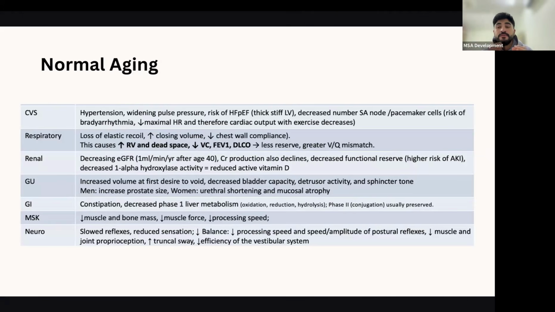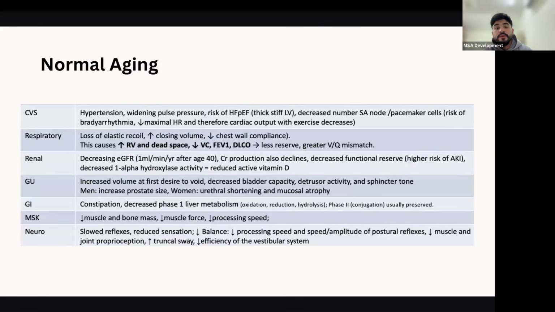And constipation is very common in elderly, okay? MSK, of course, you're going to have a decrease in bone density. They're having a decrease in their muscles and the force of the muscles. So usually they're going to come to you with falls, recurrent falls as well. So that's also something.